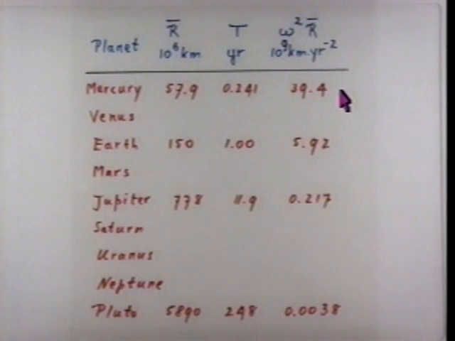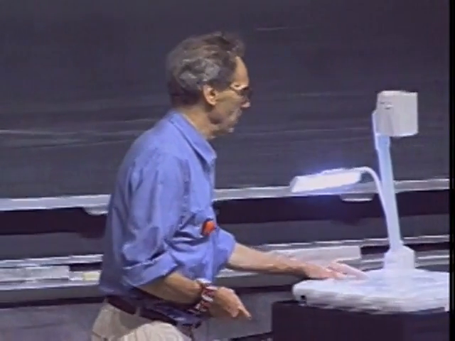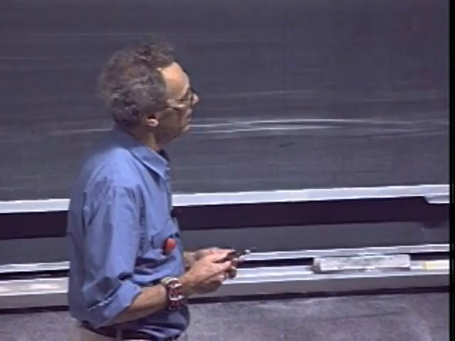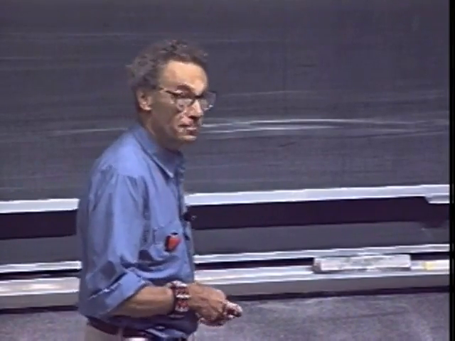So what I did was I plotted this data, the centripetal acceleration versus the mean distance to the sun, and I did that on log paper. And what is very striking is that all these points, I've done them for all the planets, fall on a straight line.